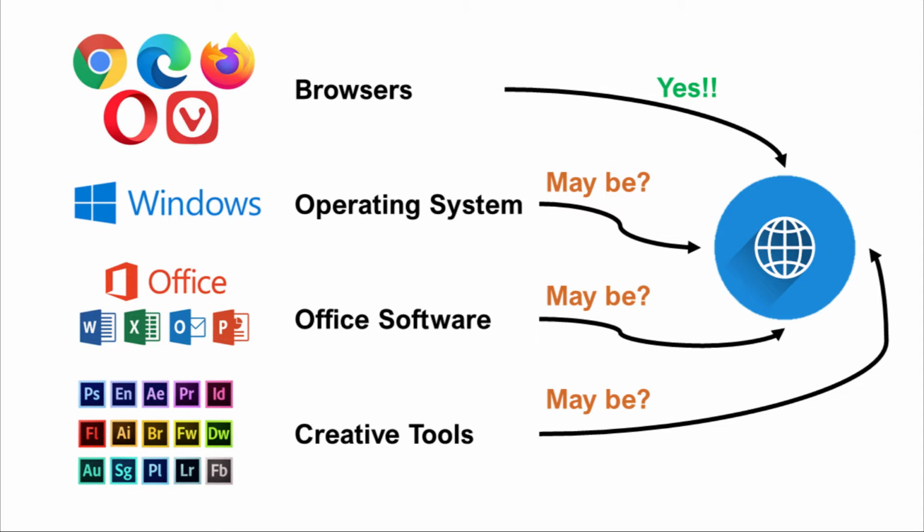Same for any creative tools or productivity tools you are using. They may not need the internet that much. And all this you cannot control with the typical Windows Firewall or your antivirus firewall. All this software will connect to the internet and share data.